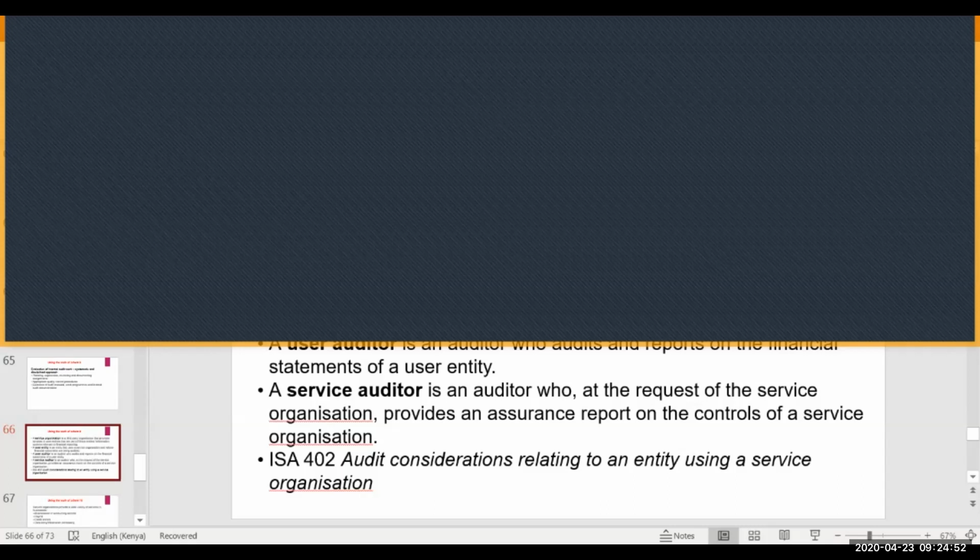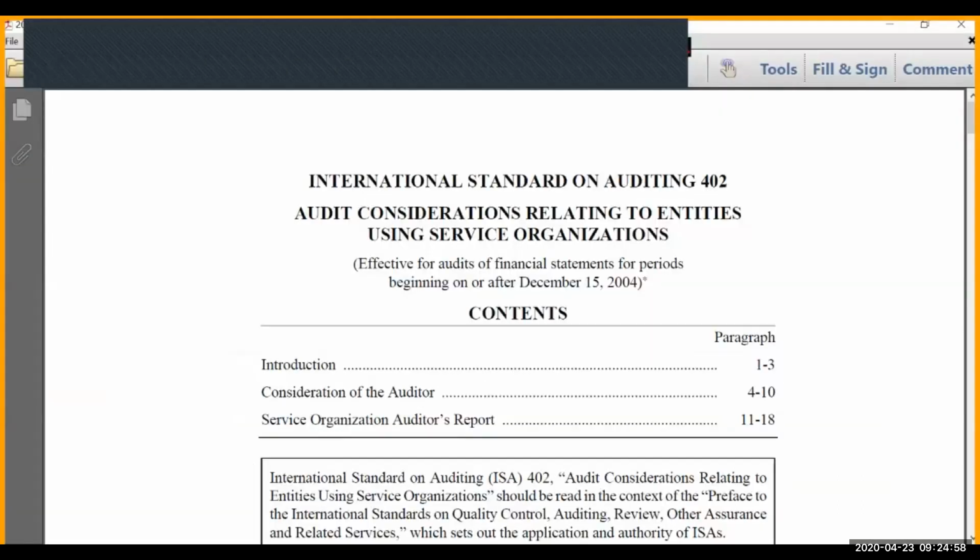Okay, this is what we call ISA 402. I hope you can see the ISA.